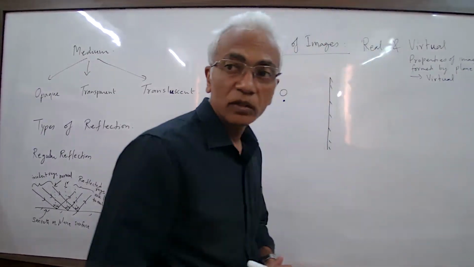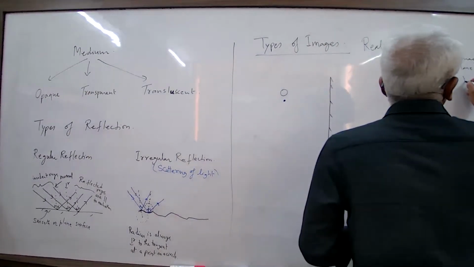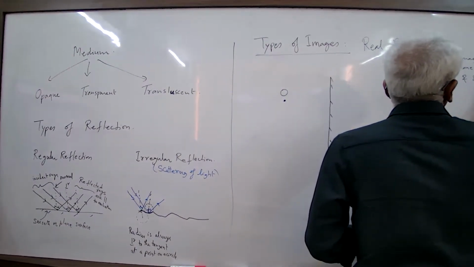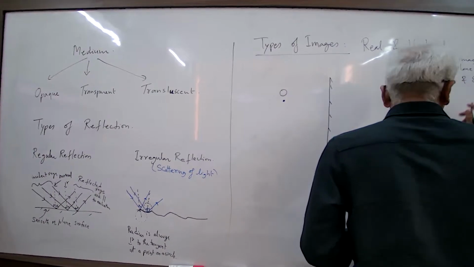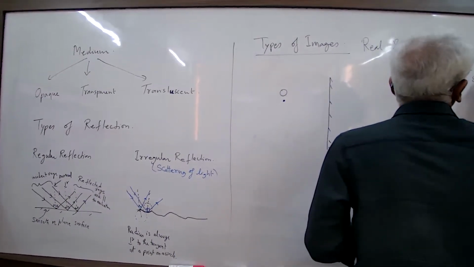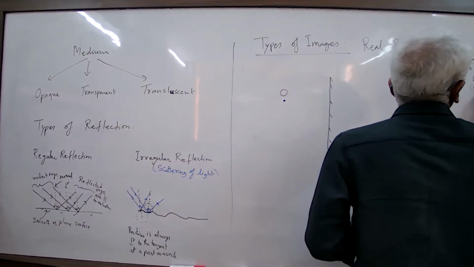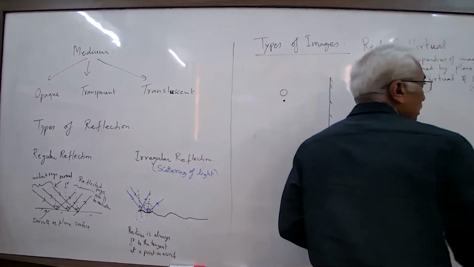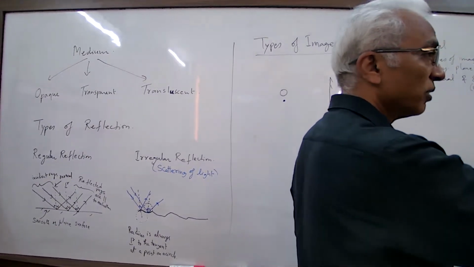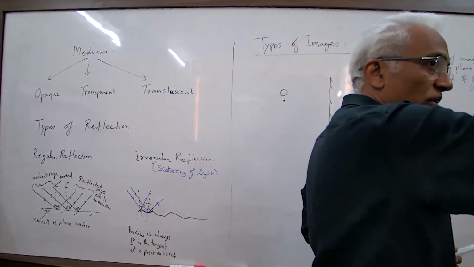Okay, and whenever the image is virtual, it has to be erect. It means upright. Like when you see yourself in a mirror, you see yourself upright. The image is just like this, not opposite.